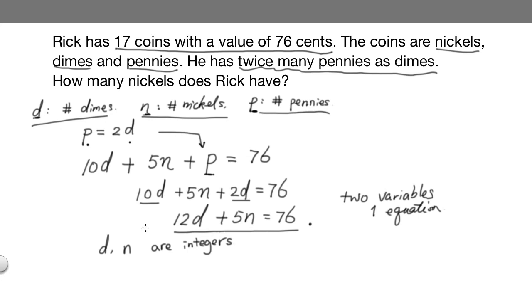Let's see how we proceed. So first, we know that 12D is an even number, for D is an integer. 76 is an even number, so 5N has to be even. For 5N to be even means that N has to be even.